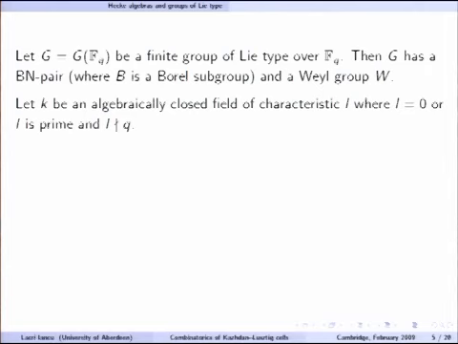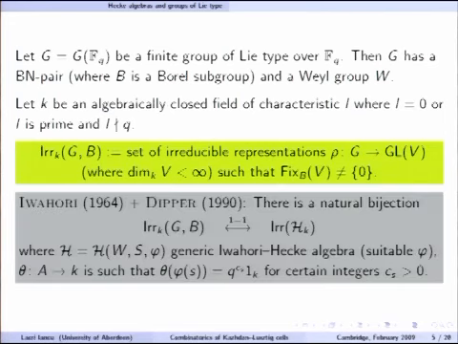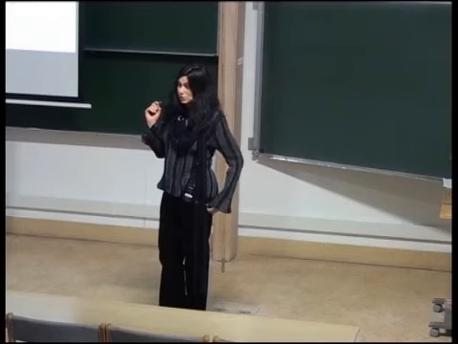And if you take k as before, some field, but this time let's take an algebraically closed field of characteristic 0 or not dividing q, then if you consider, not the set of all irreducible representations of G, but only those which have this property, that there is some non-zero vector fixed by B, then that set, this is a classical result, some part and some other part comes from Dipper in the 90s, that there is a natural bijection between those irreducible representations of G and the irreducible representations of H_k, the specialized Hecke algebra.